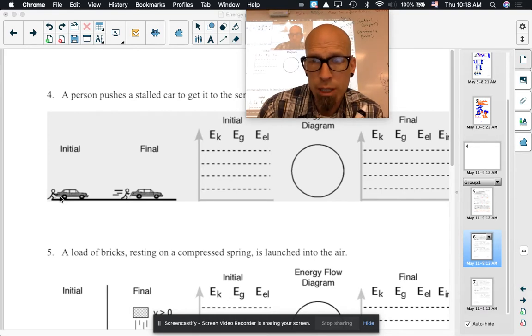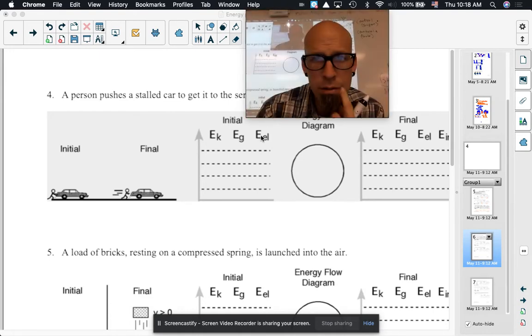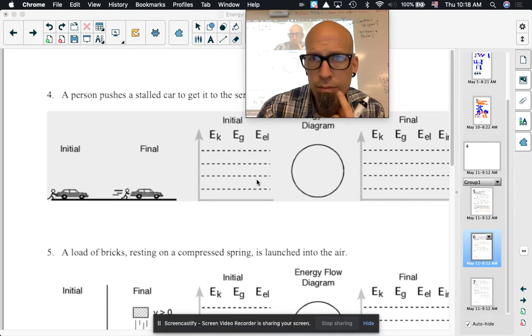Is there any movement initially? Is there any kinetic? No motion lines. Any height? No. So nothing. Do we have anything stretched or compressed? No. Nothing. We have none of these.